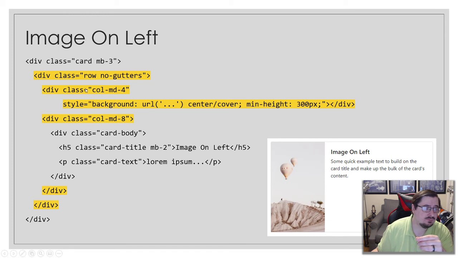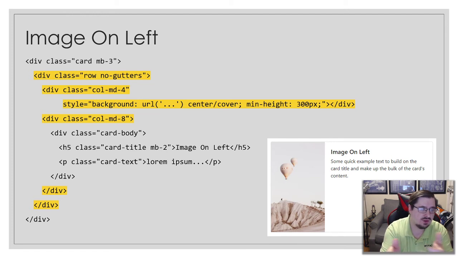So the first item we've got in here, we've got column MD4. So I'm saying on medium or larger, this should take up 4 out of 12 columns. So that means by default, at medium or larger, this is going to be a third of the space. So a third of the space of the width of the card will be devoted to the image. And then I've got column MD8. So that's going to be 2/3 is the body of the card.